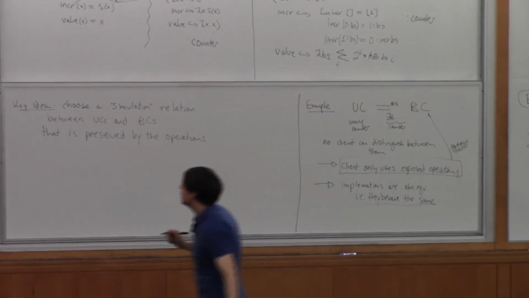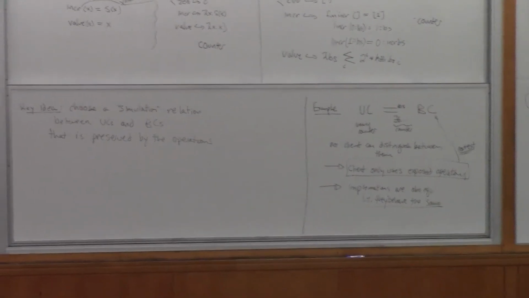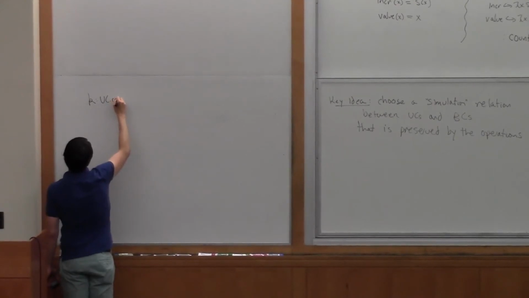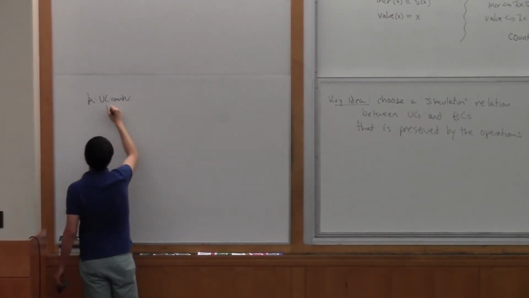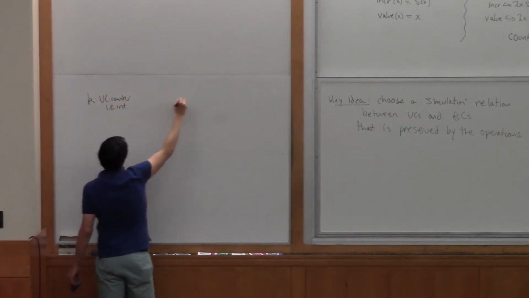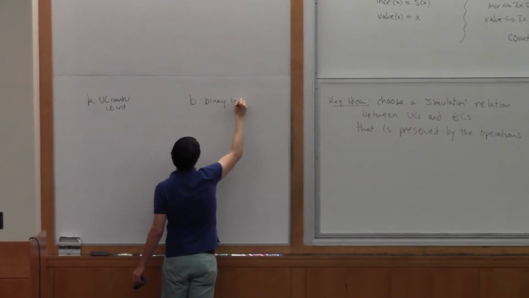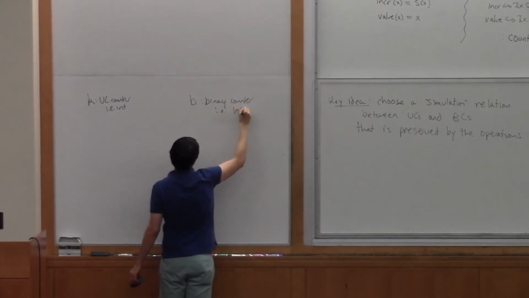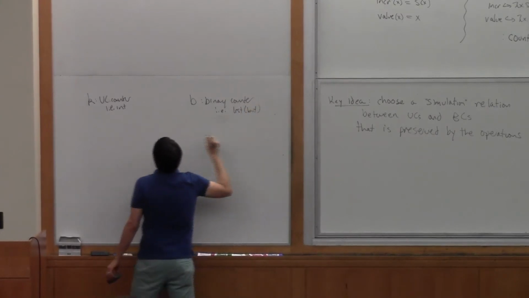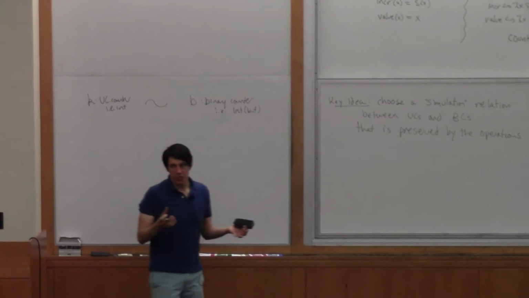Okay, so if we have K, which is a unary counter, i.e. an int, and B, which is a binary counter, i.e. a list of bits, when is it the case that they are sort of corresponding machine states?